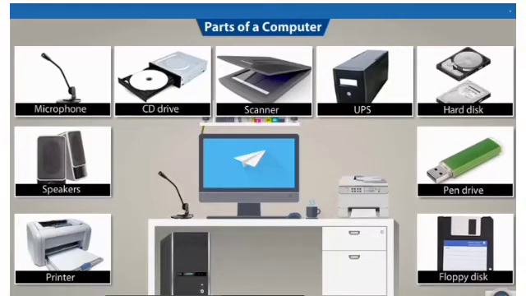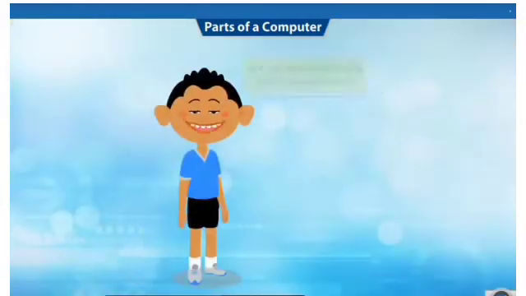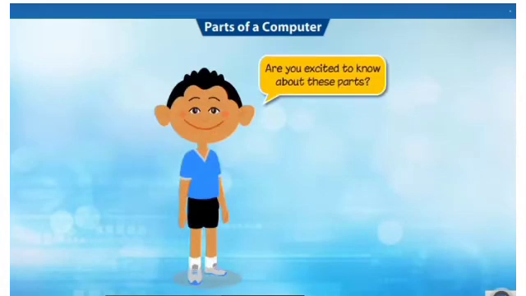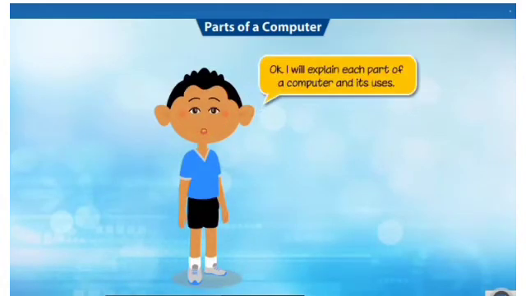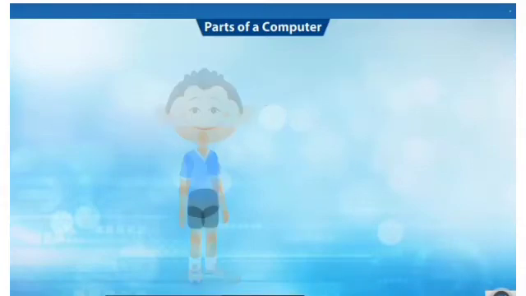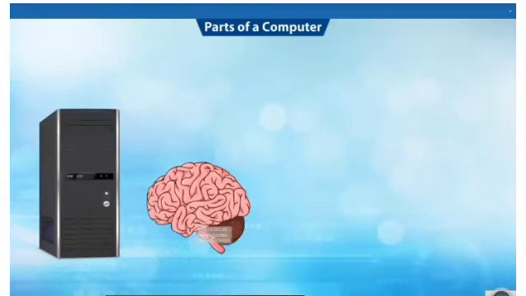These are other parts of a computer which perform some additional functions. Are you excited to know about these parts? Okay, I will explain each part of a computer and its uses. First, let us learn about the four main parts of a computer.